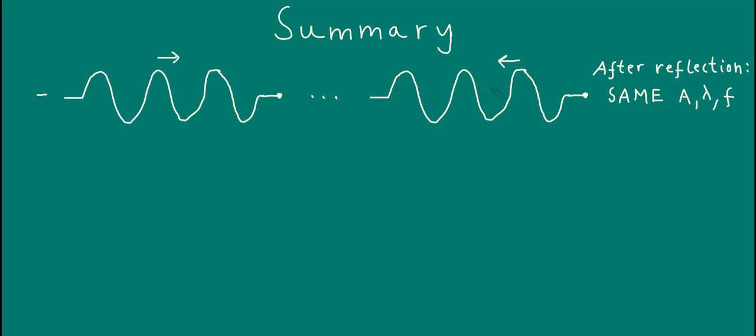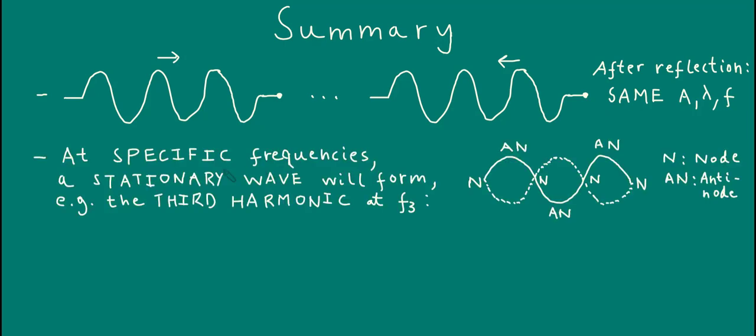You might recall that in general, at any old frequency, nothing interesting happens. It's only at specific frequencies that we see stationary wave patterns. For example, here I've sketched out what's known as the third harmonic, which would happen at a specific frequency, which I'm calling f3, or subscript 3 here.